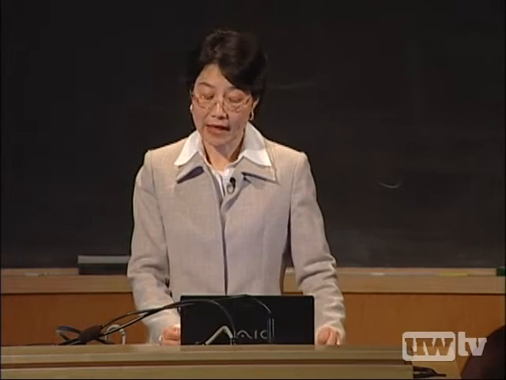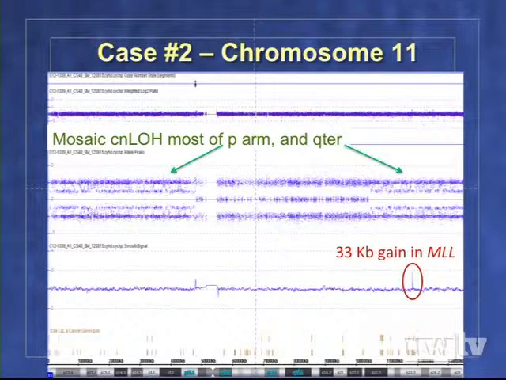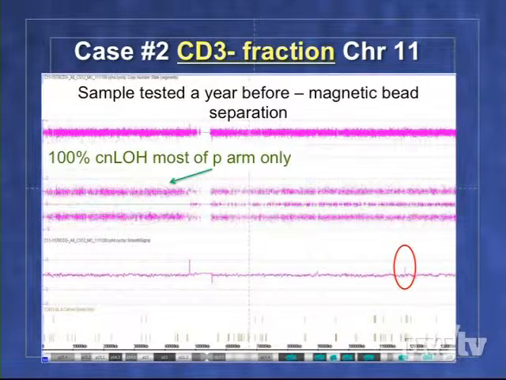Coming back to the second case I introduced earlier, we saw both the short arm and long arm copy neutral loss of heterozygosity accompanied by the MLL gene partial tandem duplication. So how do we know it is actually real? It is actually not constitutional, because we have heard of so many copy number variations in just the normal genome, right?